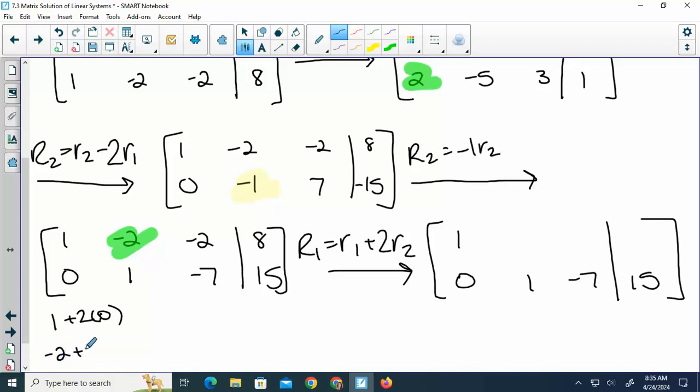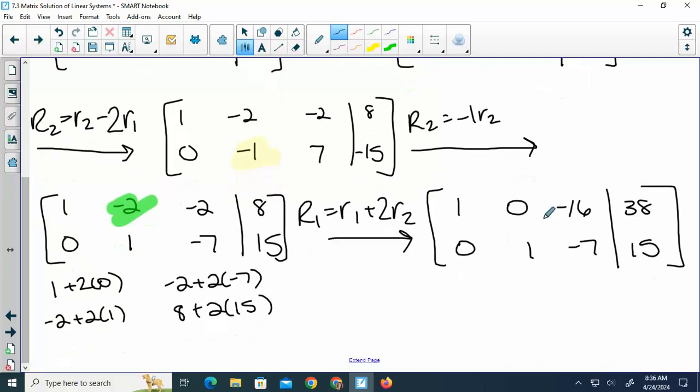Negative 2 plus 2 times 1 is 0. Negative 2 plus 2 times negative 7 is negative 16. And 8 plus 2 times 15 is 38.